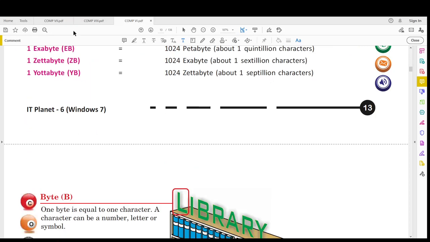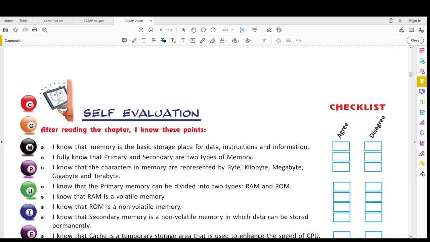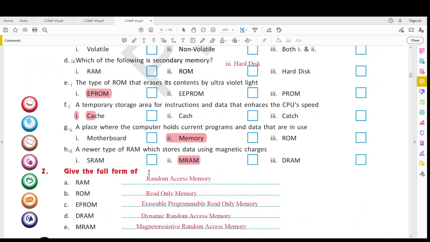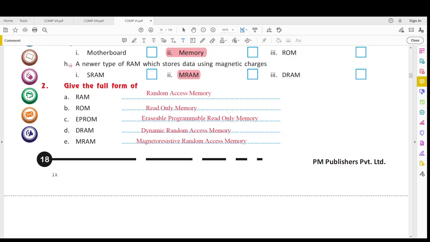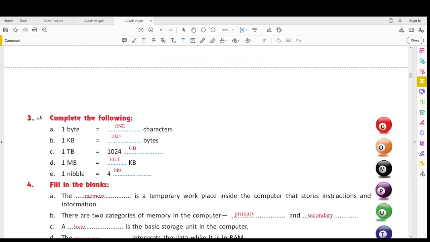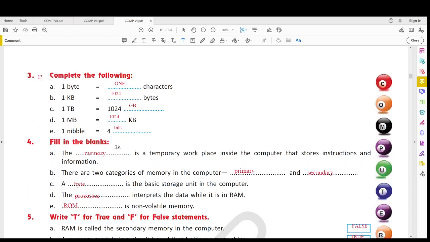Page number 13. So, you can read and verify.